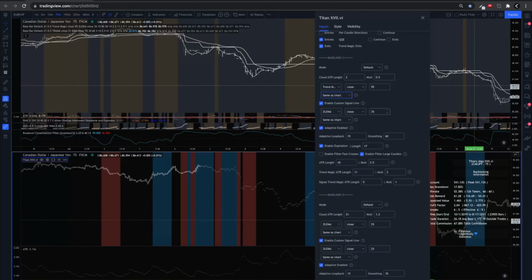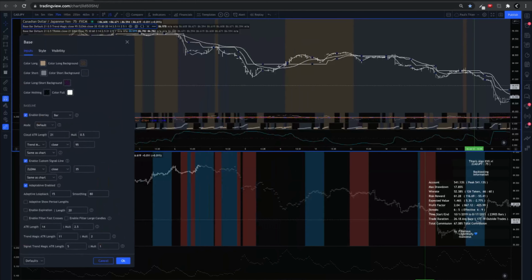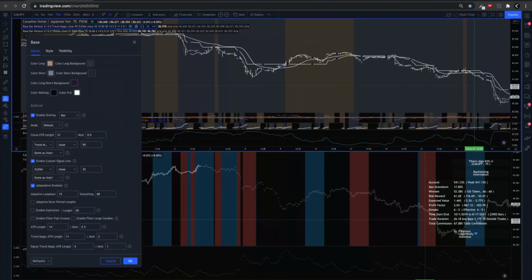Custom line, lemma 35, 15, 60. What happens if it's at 60? It actually stays dipped below. Yep, that's exactly what happened.